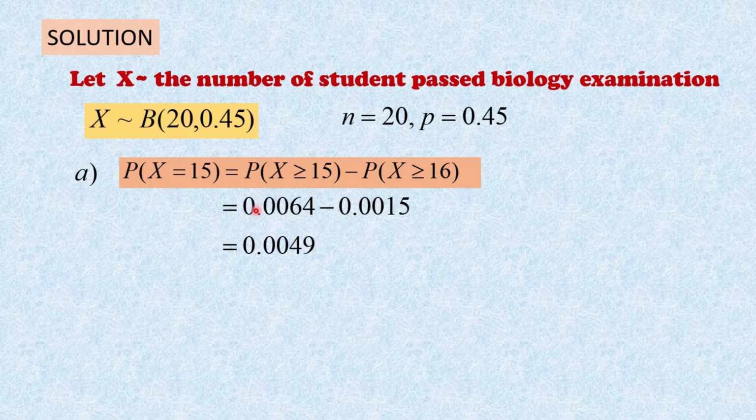So the answer is 0.0064 minus 0.0015, and we get 0.0049. What about B? Probability at least 2 students. At least, you can write in terms of symbol as probability x more than or equal to 2. You can read from the table directly because this is the symbol more than or equal to. So the answer is 0.9999.